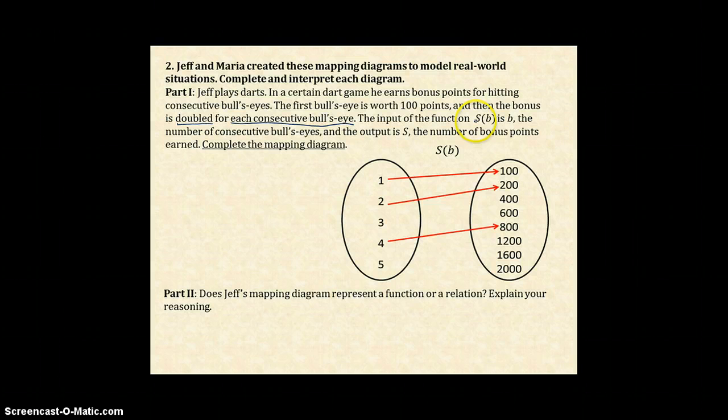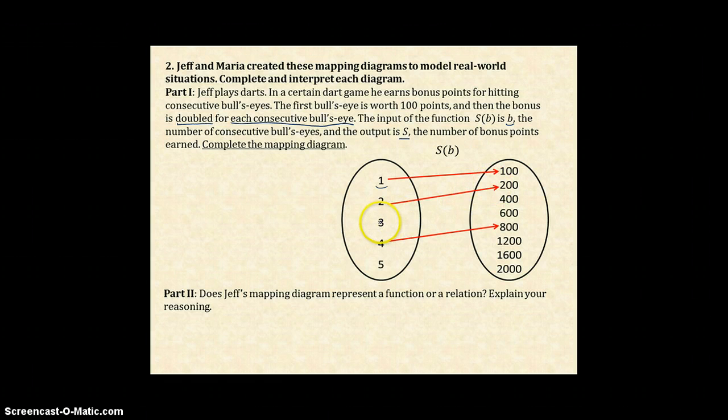The input of the function S of B is B, so that's our input, and that's the number of consecutive bullseyes, and the output is S, the number of bonus points earned. Complete the mapping diagram. So 1 bullseye gets us a bonus of 100 points. 2 bullseyes, the bonus gets doubled to 200.